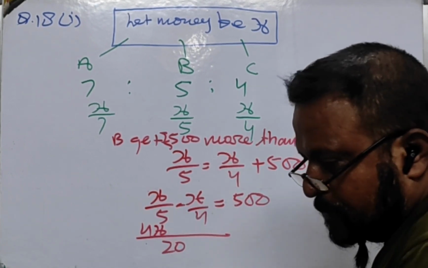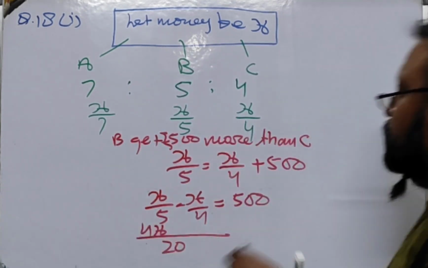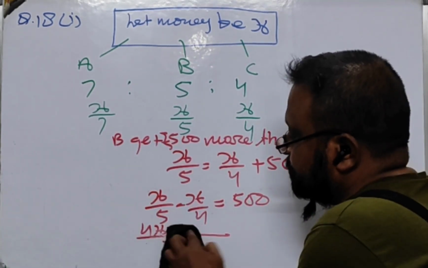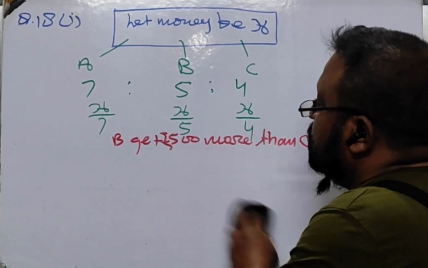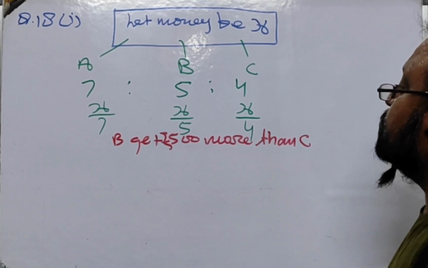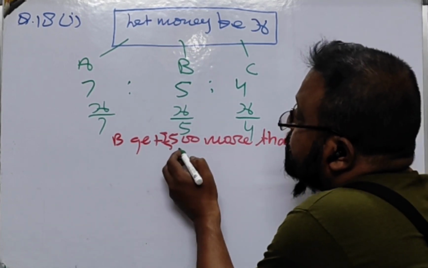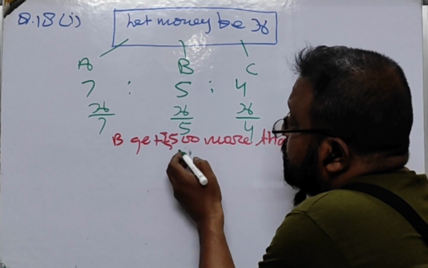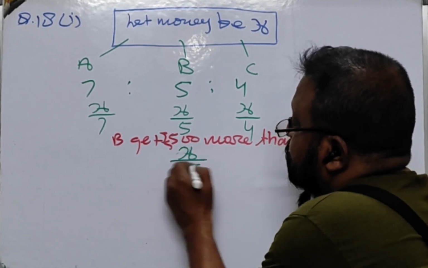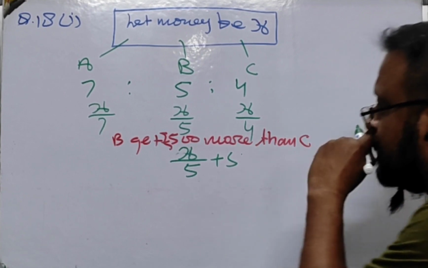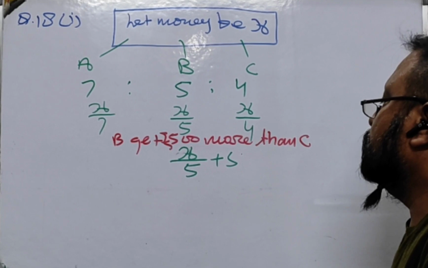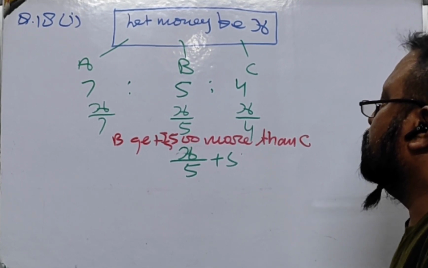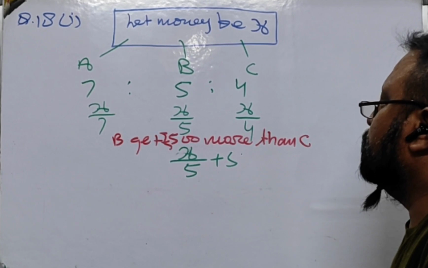Oh, a misinterpretation. B is getting 500 more than C, right? So it means X upon 5 plus 500. No, C is getting 500 more.